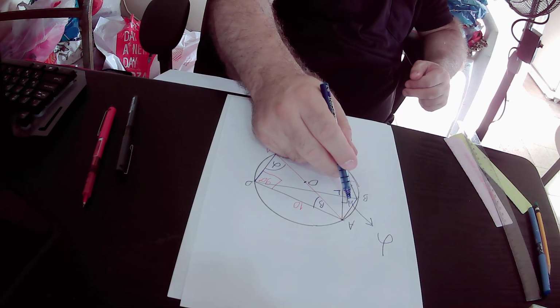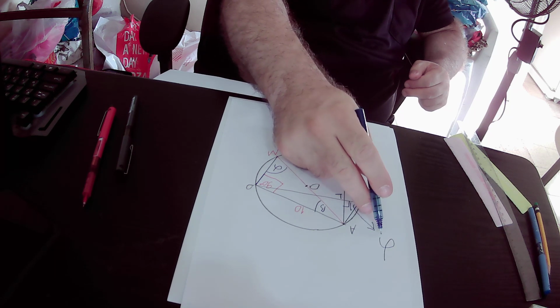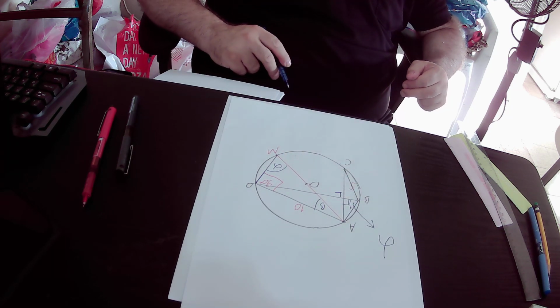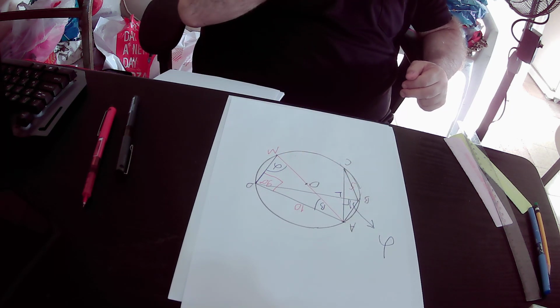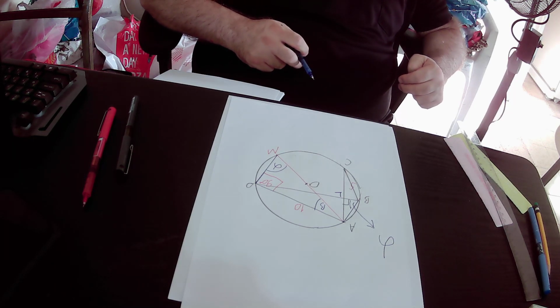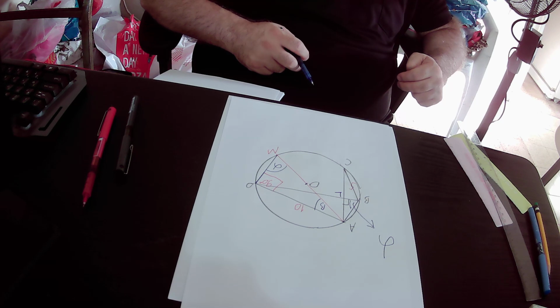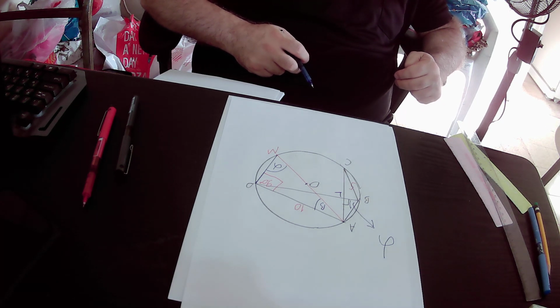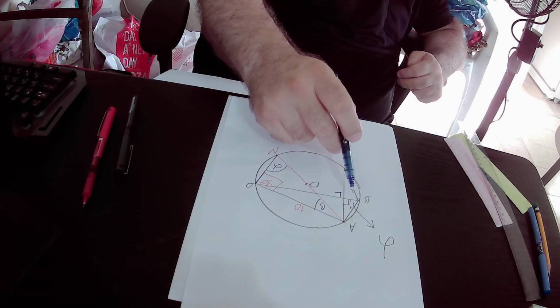This angle ABD equals to alpha, according to rule number 2. In the next step, we will focus on the right triangle ABL.